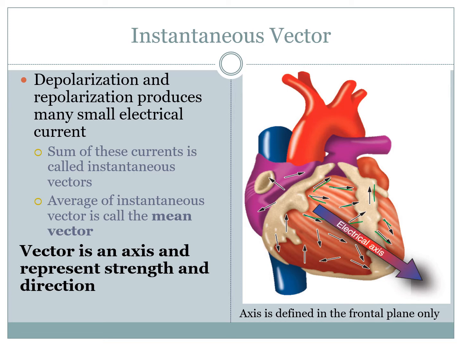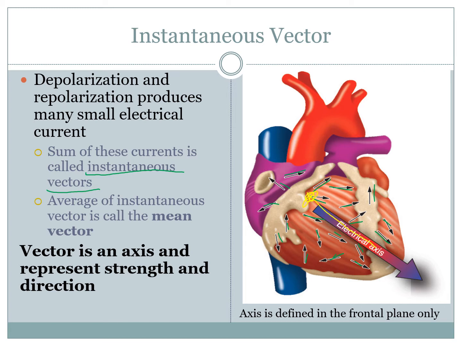Now when we take all those electrical currents and we look at their direction of travel, we get what's known as a vector. And in this case, we're talking about an instantaneous vector. Now these vectors, if we average them out, we are obviously going to get a mean vector.